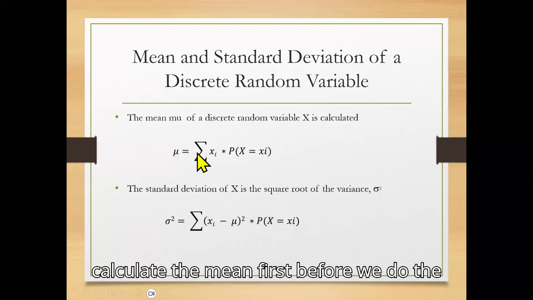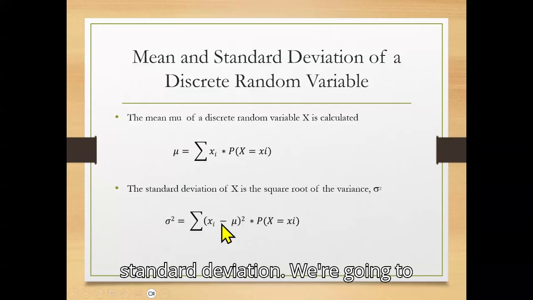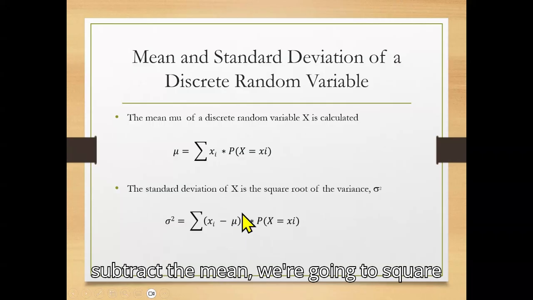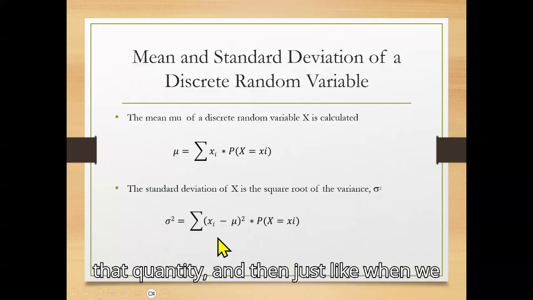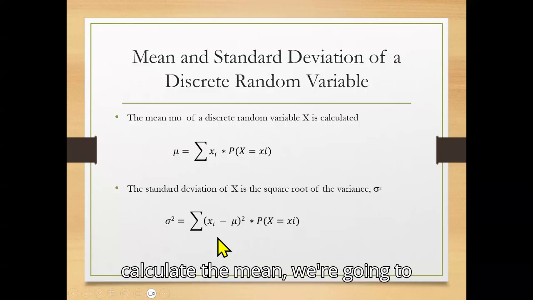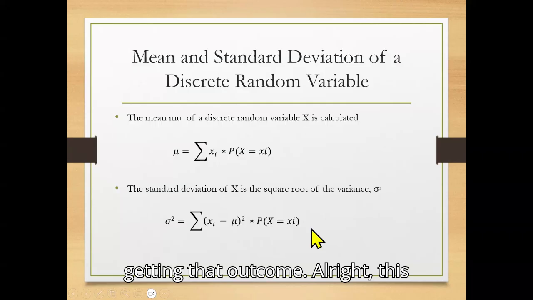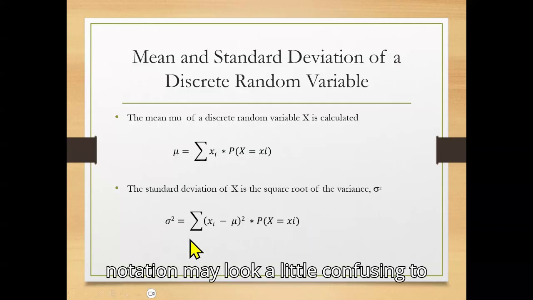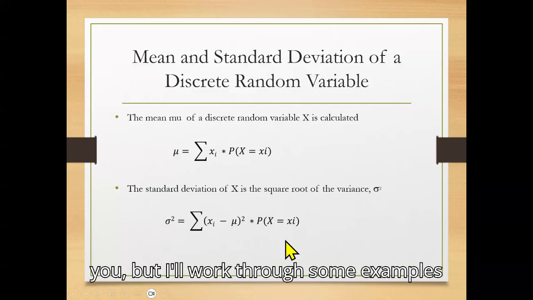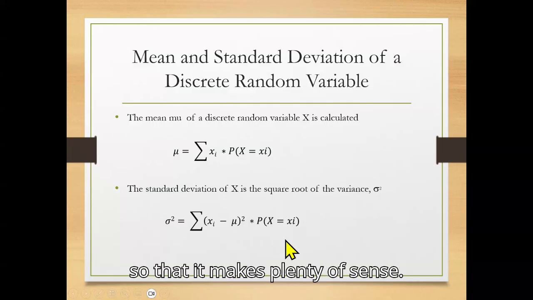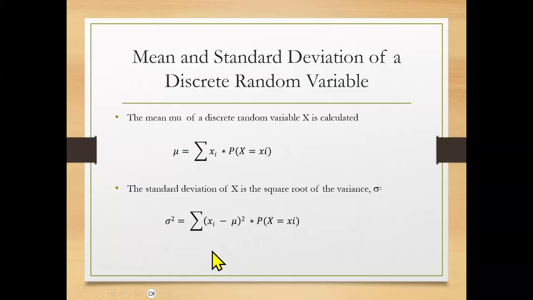So we have to calculate the mean first before we do the standard deviation. We square that quantity, and then, just like when we calculate the mean, we multiply it times the probability of getting that outcome. This notation may look a little confusing, but I'll work through some examples so that it makes plenty of sense.